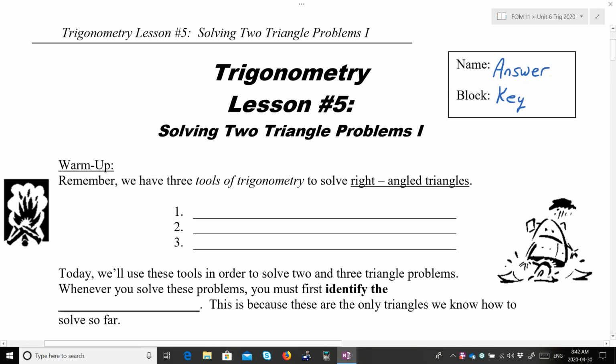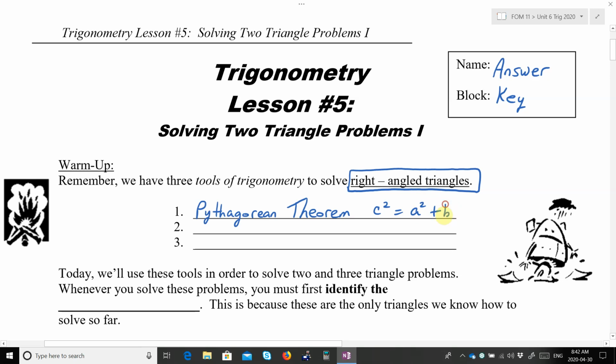Remember, we have 3 tools of trigonometry to solve right-angled triangles. Number 1 is the Pythagorean theorem, and that is c squared equals a squared plus b squared.